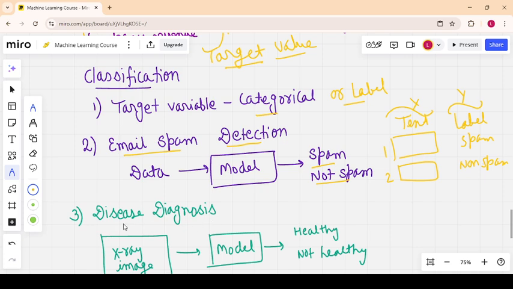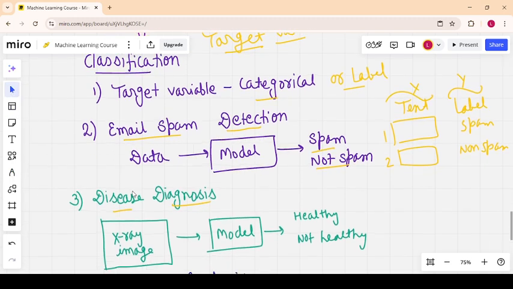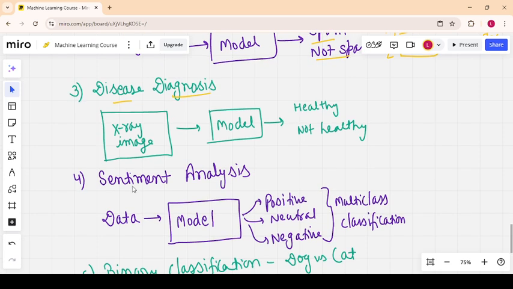The next example is disease diagnosis. Suppose you have an X-ray image. You are trying to find the hidden pattern in this image of a person, to find out whether the person is healthy or not.